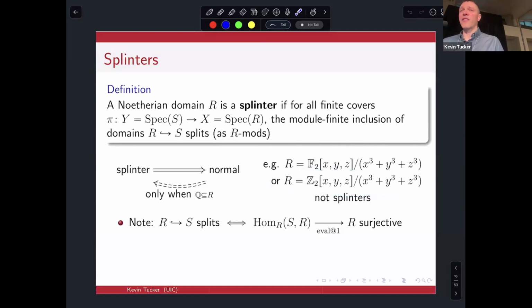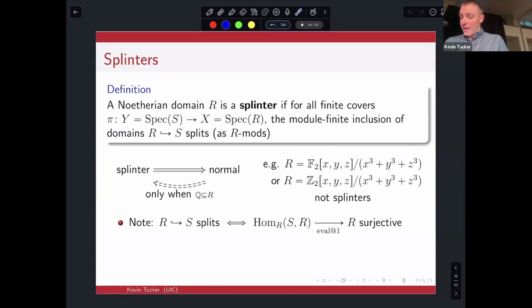The finite cover given by the multiplication by 2 map on the elliptic curve will not split. In fact, it has image inside the ideal generated by 2, which is not a unit. On the other hand, if I replace Z_2 with F_2, then the corresponding elliptic curve, again, is not a splinter, and that's pretty easy to check. The Frobenius does not split, so it's not F-pure.